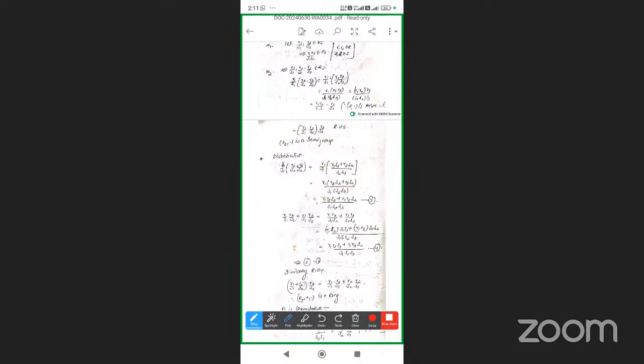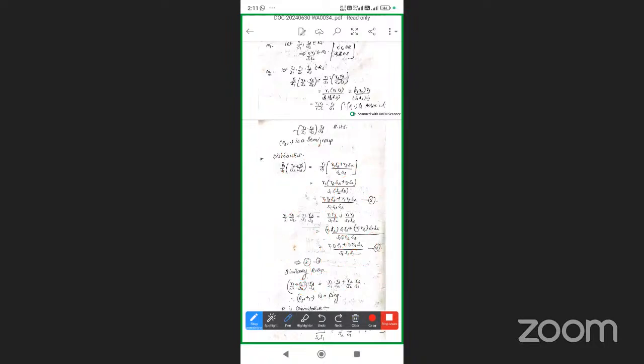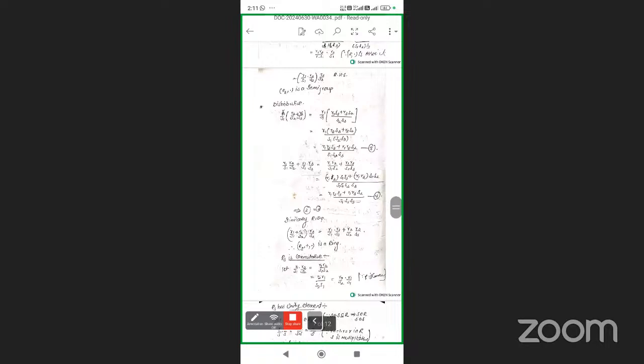Again simplifying, it is R1 R2 by S1 S2 times R3 by S3. So RS comma dot is a semigroup.